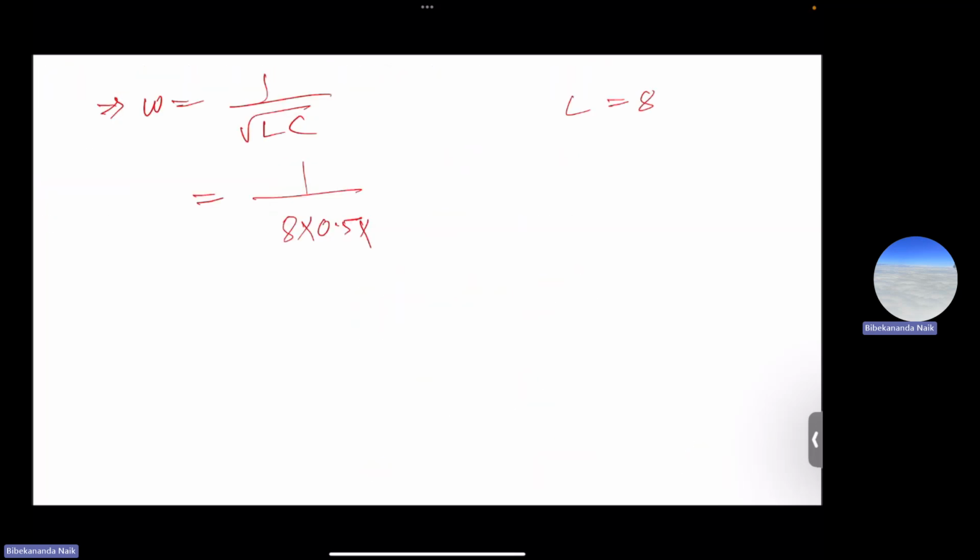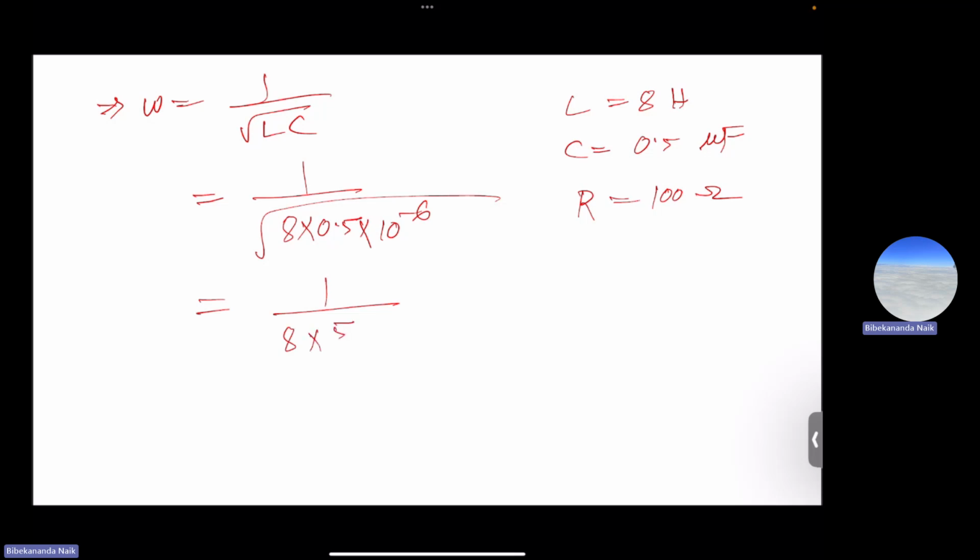L is 8 Henry, C is 0.5 microfarad, and R is 100 ohm. So this will be 1 by root over of 8 into 5 by 10 into 10 to the power minus 6.